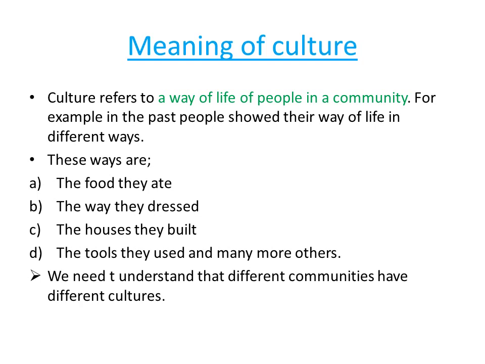For example, in the past, people showed their way of life in different ways. Number one, the type of food they ate, the way they dressed, the houses they built, the tools they used, and many more others.